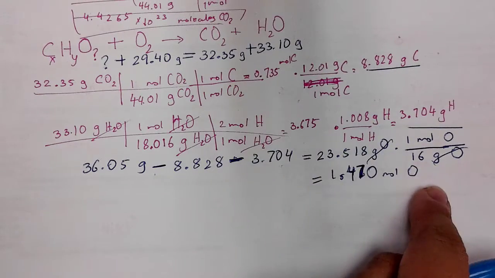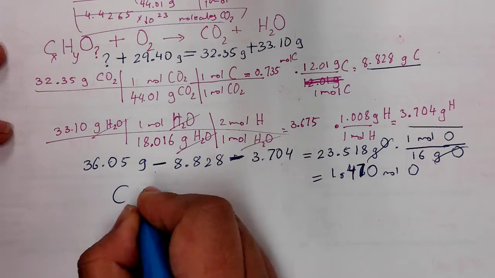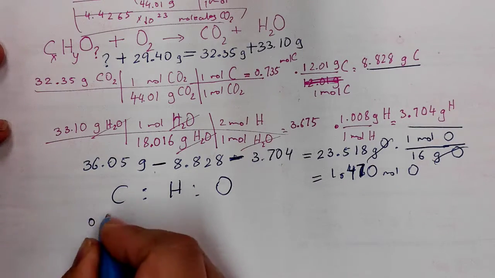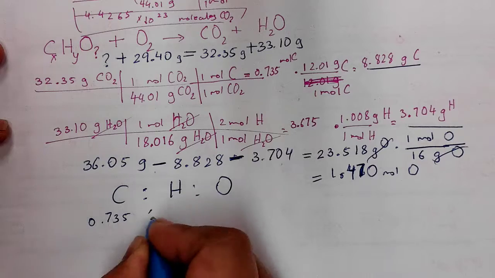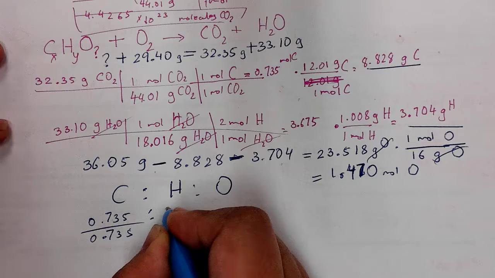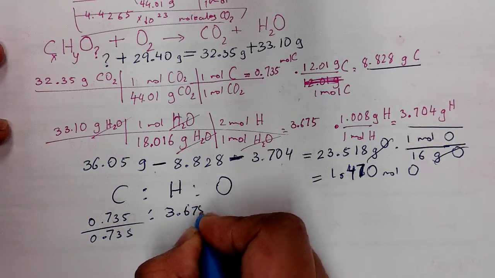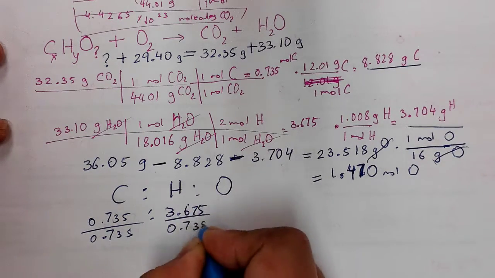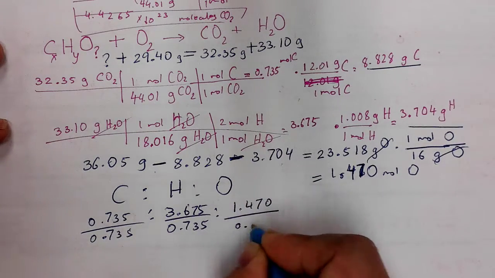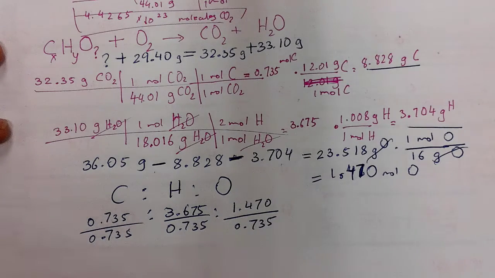Now that we have all the moles, we can do the ratios. So C, H, O. Now make sure you put them in the correct places. C is 0.735. That's the smallest one in this case, so that's why I'm dividing everything by C. This is approximately 2 because I get 1.99999.